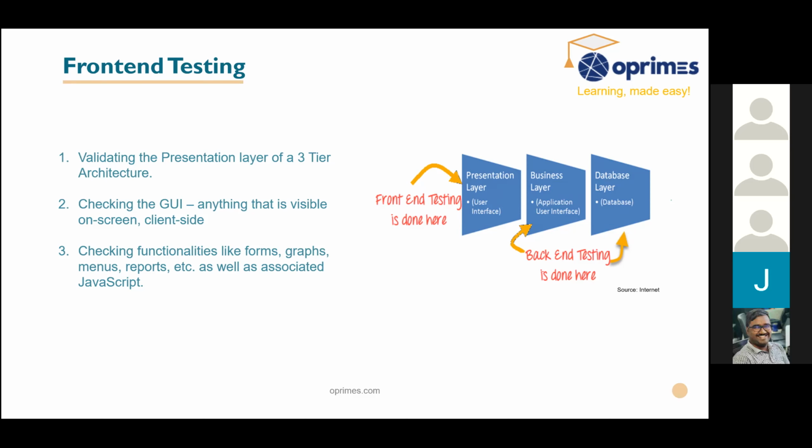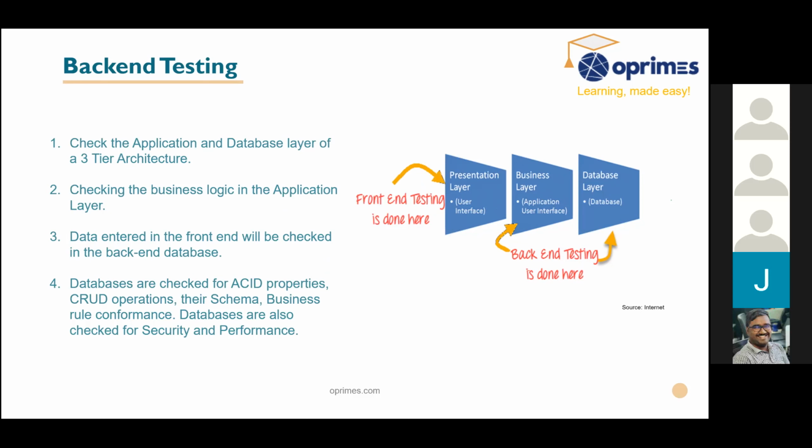Coming to the back end testing, it will be basically done on two layers, which are the business layer and the database layer. Say, for example, you are signing up into some new web application, and it is asking for your email ID, username, password, and confirmation of password. You can convert this into a JSON.